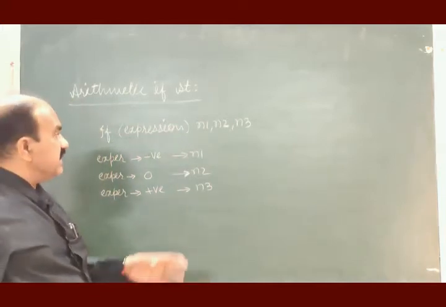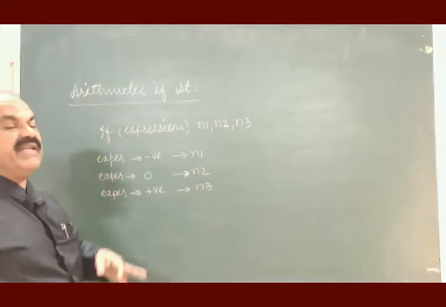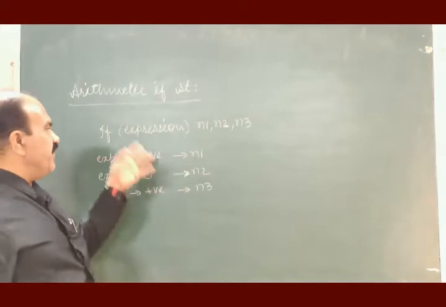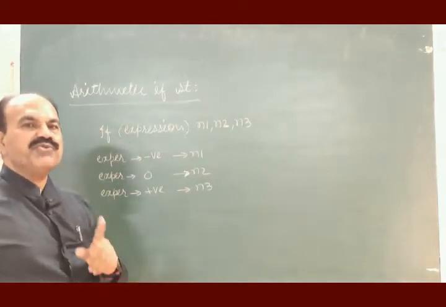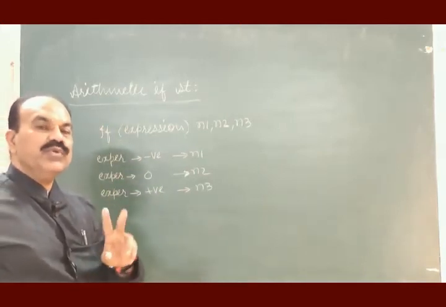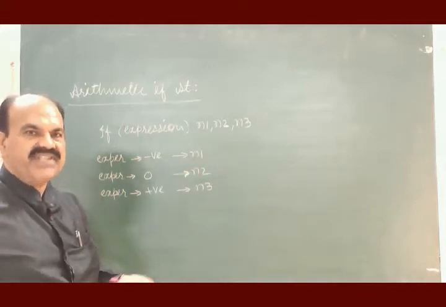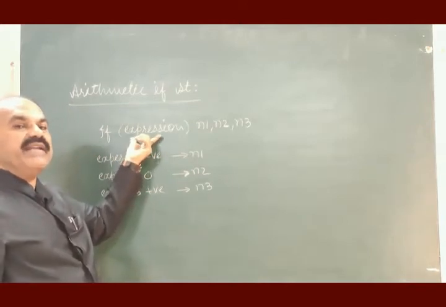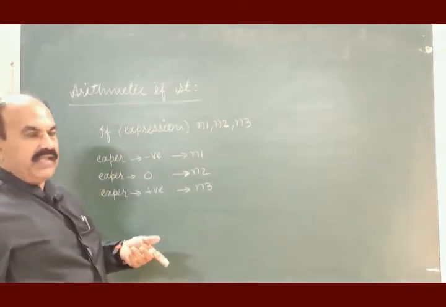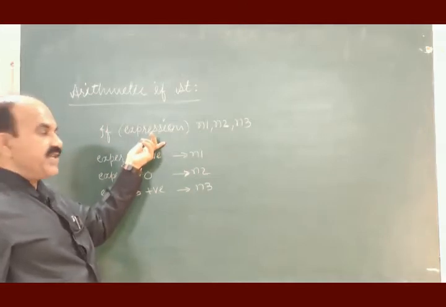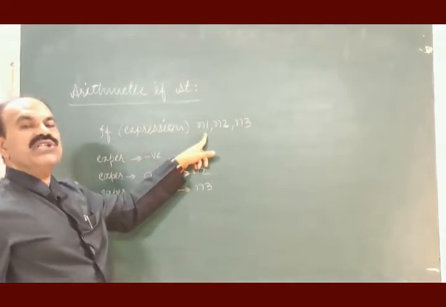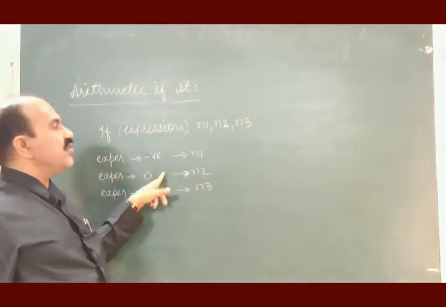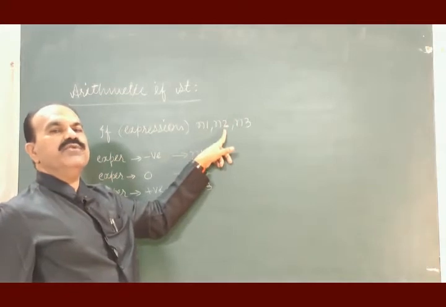It means that this if statement is arithmetic if statement. If is the statement used to transfer the control to any of the other statements in the same program depending on the outcome of this arithmetic expression. If the outcome is negative, control is transferred to n1. If the outcome comes 0, control is transferred to n2.